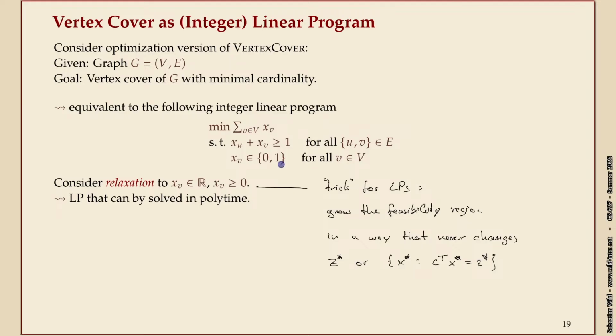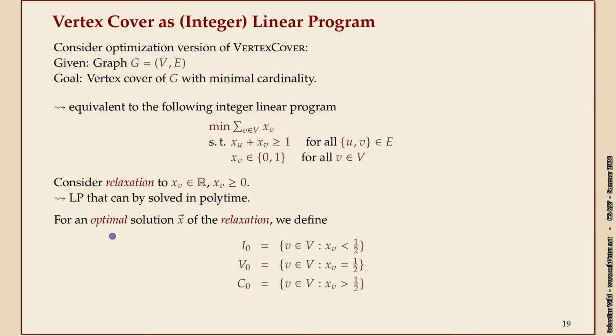They will all be between 0 and 1, and they will satisfy the constraints, but they might be fractional. Let's write this down, even though I just said it: it will be between 0 and 1.